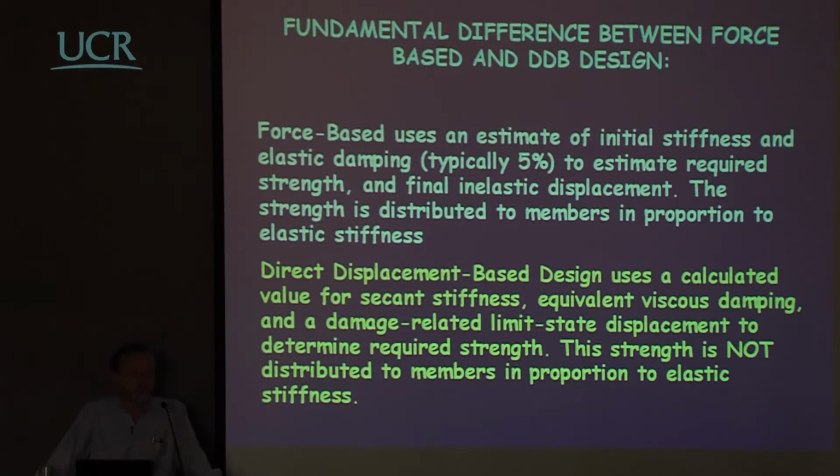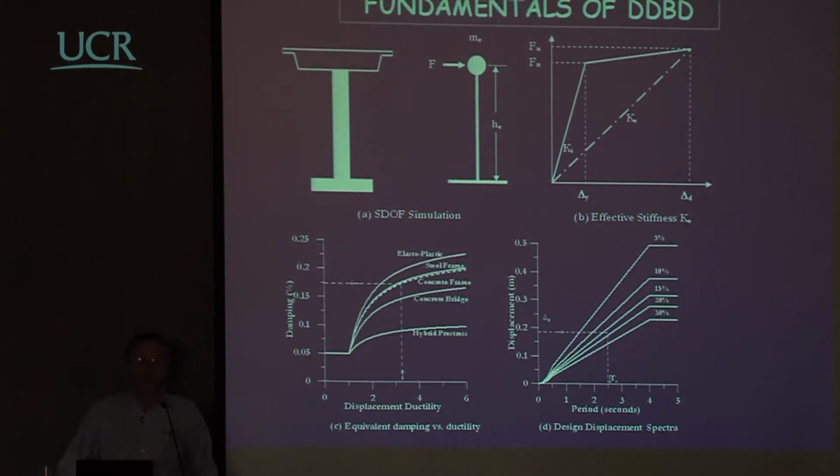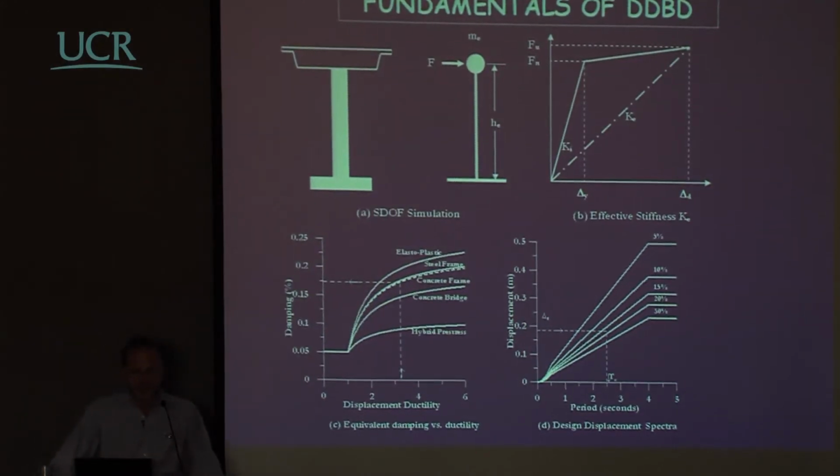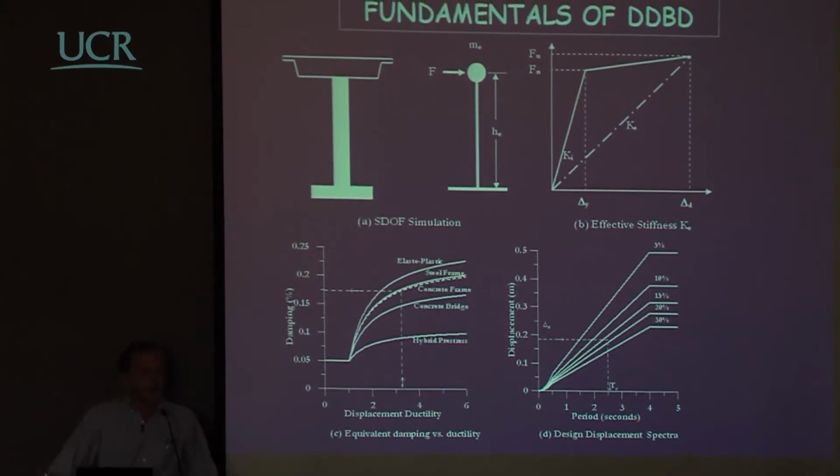The second point is that the strength, the base shear, is not distributed to members in proportion to the elastic stiffness. We will discuss later today in which proportion this should be distributed, because if I now say that it should be distributed in proportion to the strength of the element, you will immediately say we do not know yet the strength of the elements. But certainly we will not distribute it in proportion to the stiffness. So the fundamentals of displacement-based design are rather simple in a way.